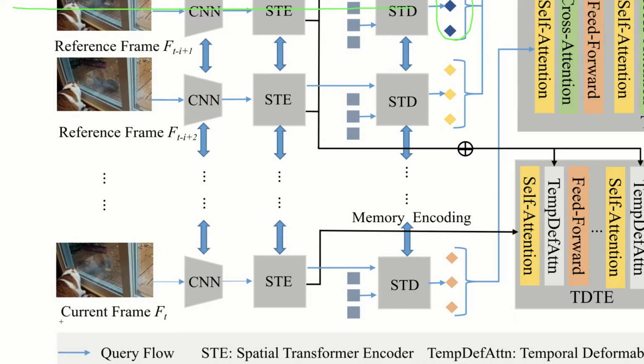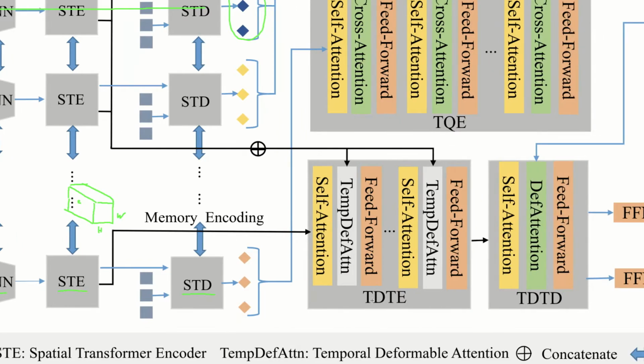Okay, so we go now down. And the same thing is done with the current frame. So we go through the CNN, the encoder part, and the decoder part. But the encoded feature map, so we have here again this height and width feature map with C channels, is then put into this block here.